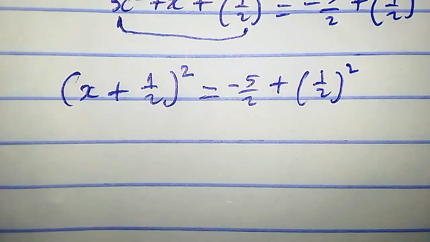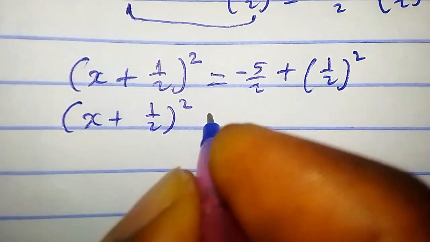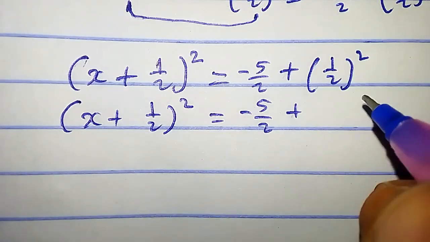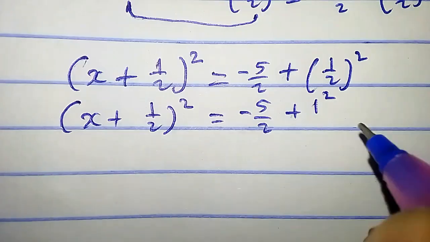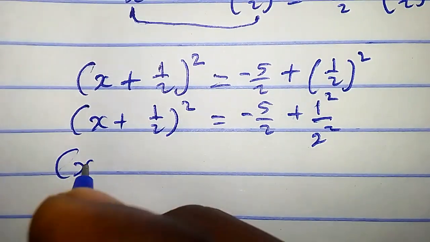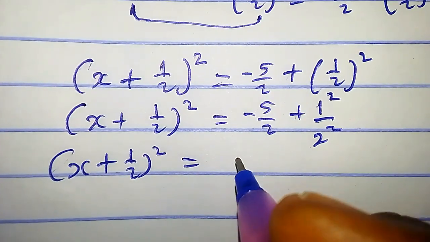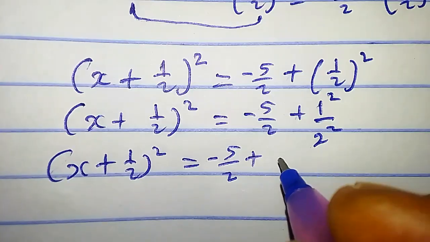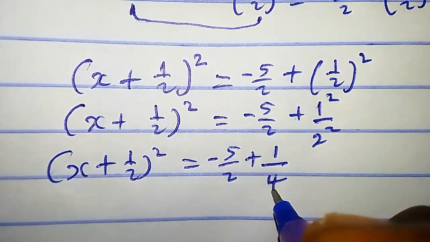Let's continue. x plus 1 over 2 all squared equal to minus 5 over 2 plus 1 over 2 all squared could be written as 1 square divided by 2 square. So x plus 1 over 2 all squared equal to minus 5 divided by 2 plus 1 square, that is simply 1, divided by 2 square, that is simply 4.